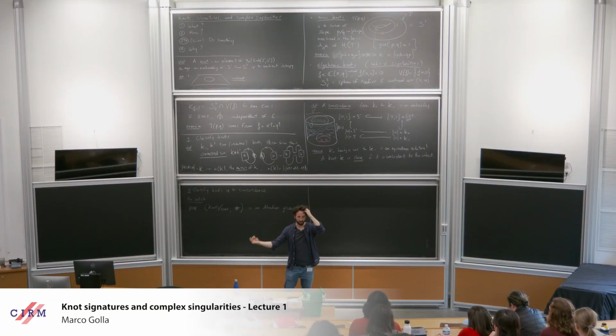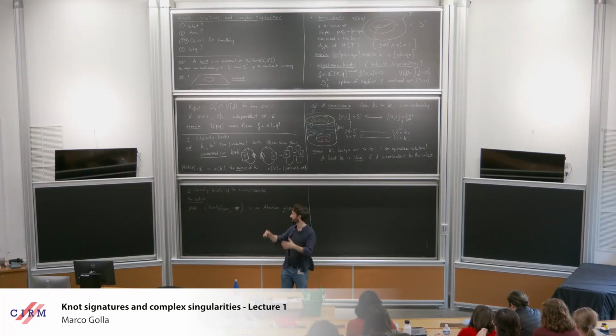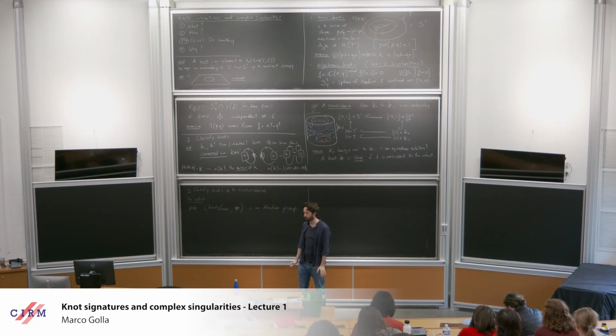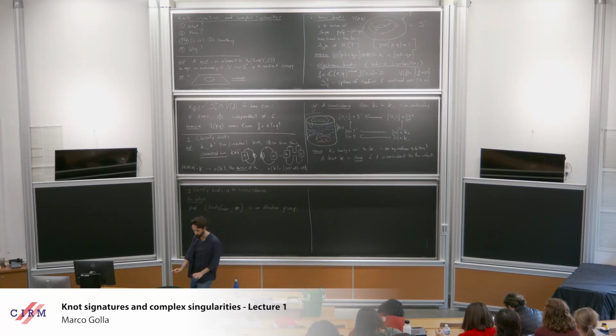I'm always thinking about smooth embeddings. So smooth knots, smoothly embedded knots, smooth concordances, and I'm thinking about everything in the smooth category. Most of what I will say during these lectures works in both categories, but I'm more comfortable working with smooth stuff. So whatever I say is smooth.